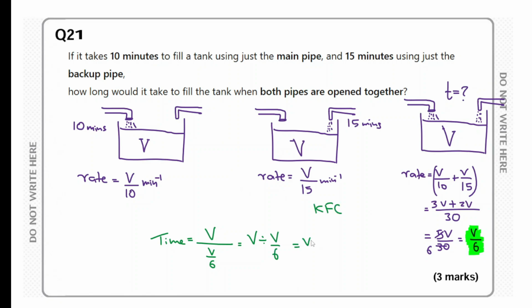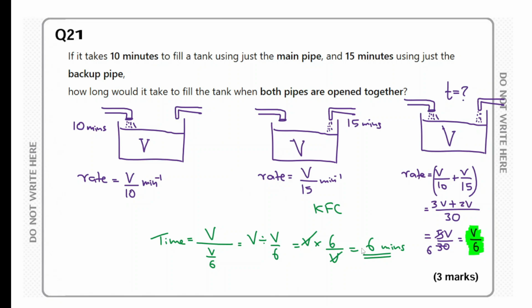V multiplied by 6 over V, and these two get cancelled out. And the final answer is 6 minutes. So that makes sense, because the big pipe on its own would take 10 minutes. The small one on its own takes 15 minutes. But both together, it takes less time. The final answer is 6 minutes.